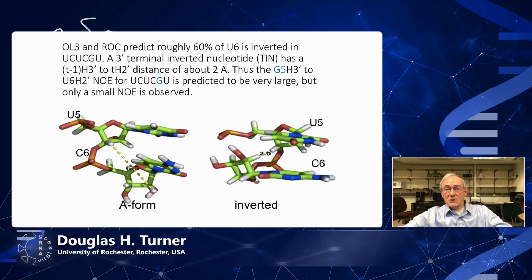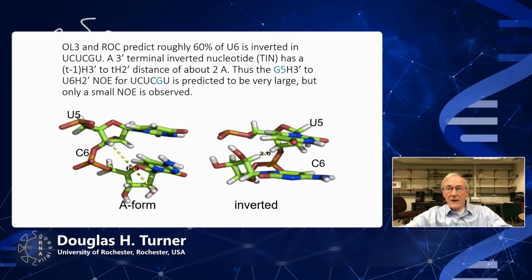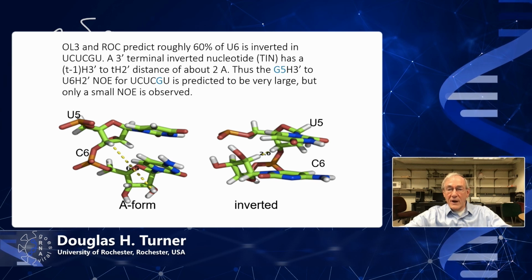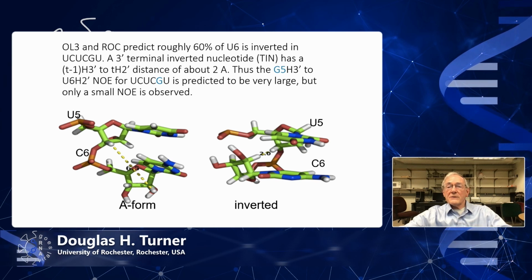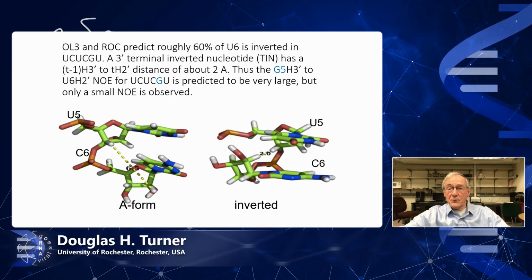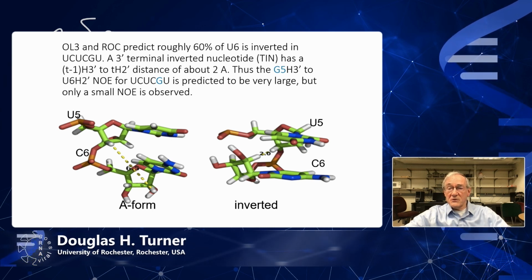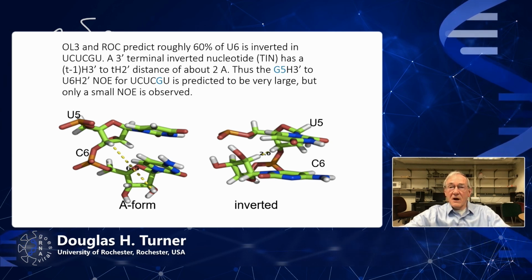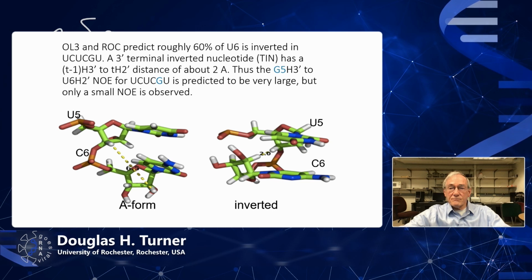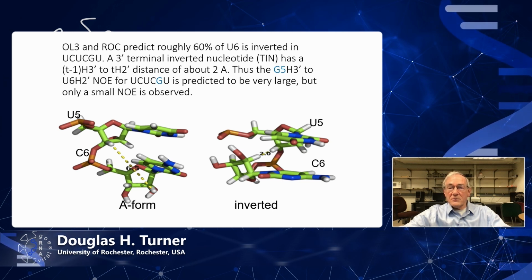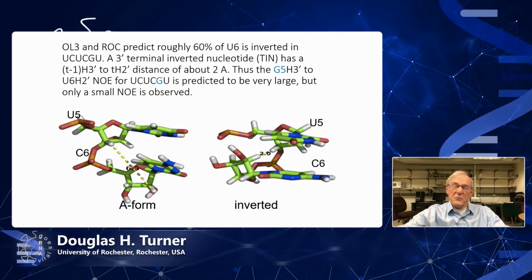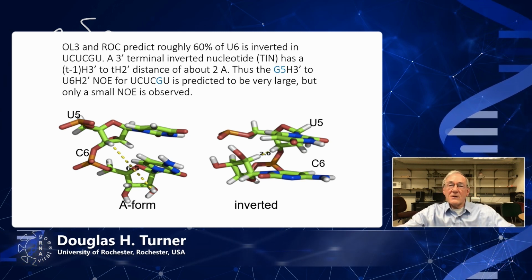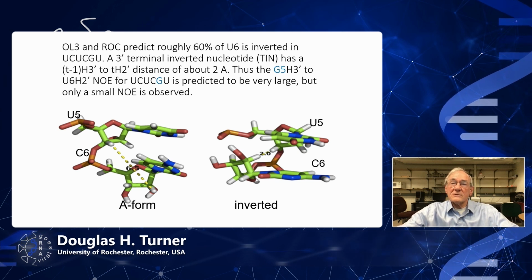So the simulations in both hexamers do predict qualitatively that a lot of the 3' terminal nucleotides are inverted. They are inverted, but not 60% of the time. So the previous sequence, the one that we've published, says, well, maybe from the NMR, maybe 6% of the time. So the prediction is off by something on the order of a factor of 10.